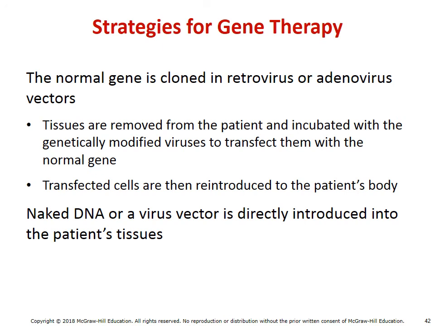So one of the things that we thought about doing was to basically take the normal gene cloned into retroviruses or adenoviruses and have them basically be able to insert genetic material into the tissues. And so those cells can then be reintroduced to the patient's body and would hopefully then replace the cells, now producing the appropriate outcome.